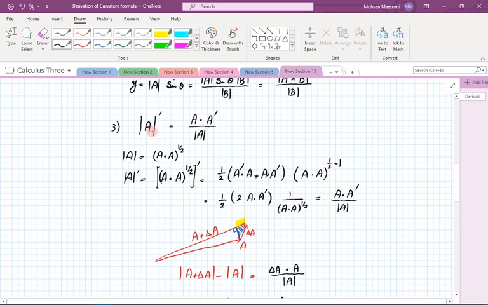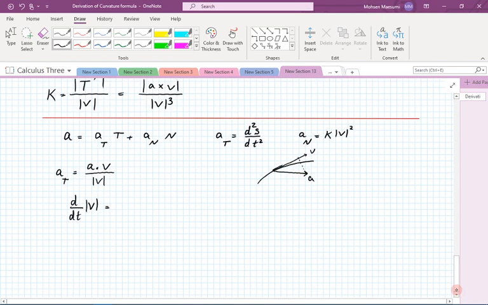Here's rate of change of any absolute value of any vector is just that vector times rate of change of the vector divided by the length of the vector. So here, if I want to take the rate of change of this, I have to take the vector itself, take the derivative of that, and then find the projection of that over the original vector. So that's going to be times v over the length of v.